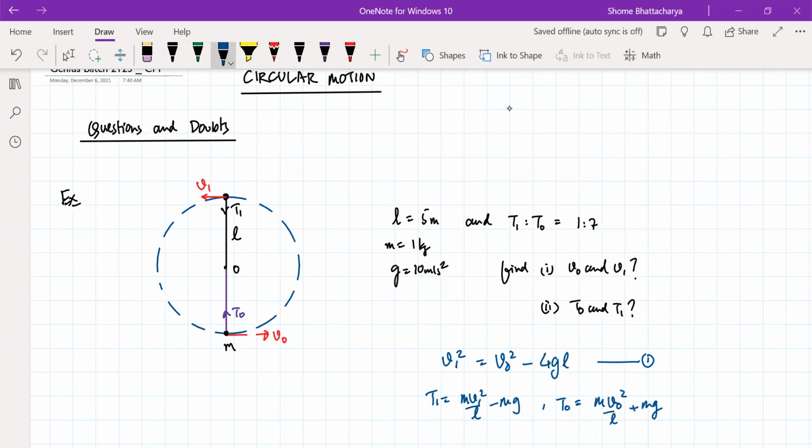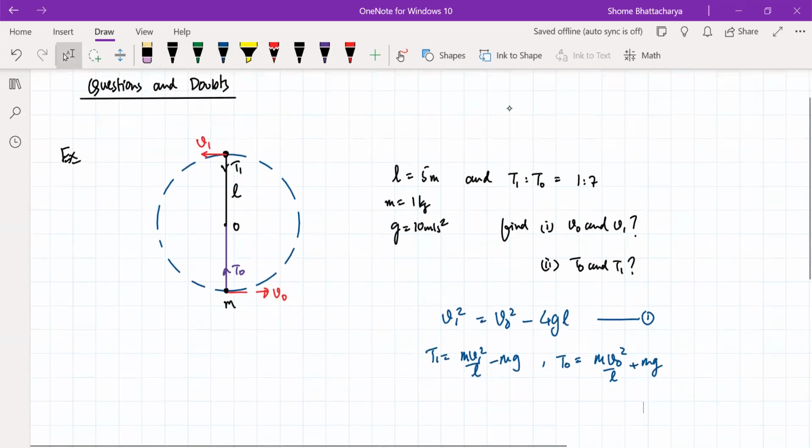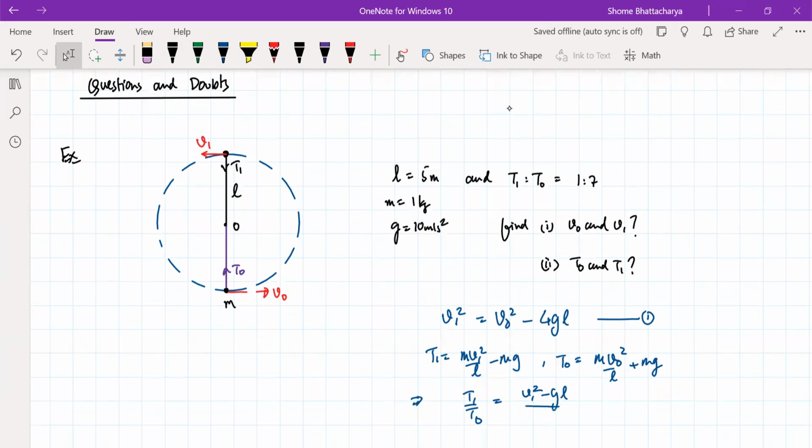So the ratio of these two things is V1 square minus gL upon V0 square plus gL, and that is equal to 1:7.